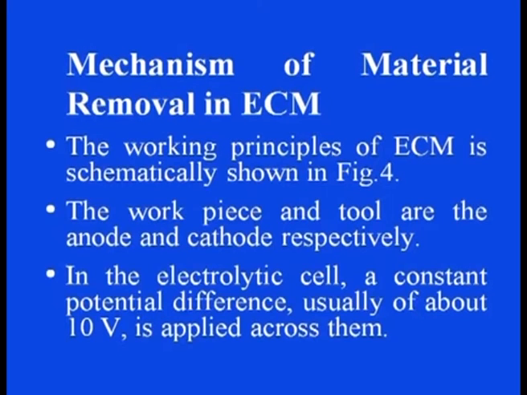Now, let us look at the mechanism of material removal in ECM. The working principle is schematically shown in the next figure. The workpiece and the tool are the anode and the cathode respectively. This has been already indicated. In the electrolytic cell, a constant potential difference, usually of about 10 volt, is applied across them.